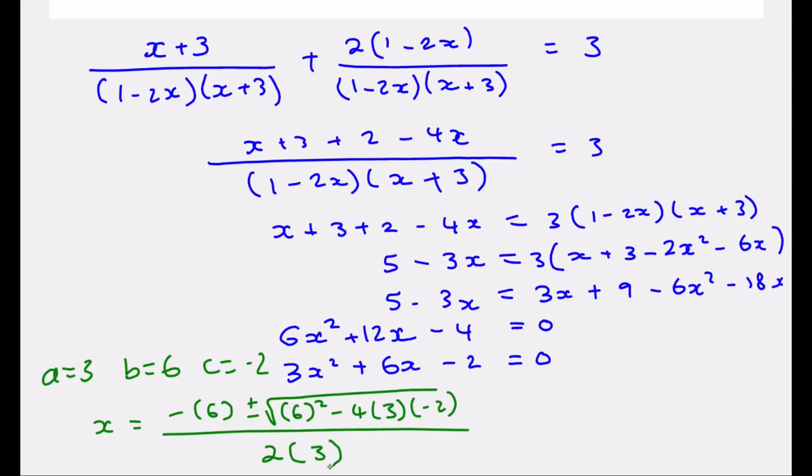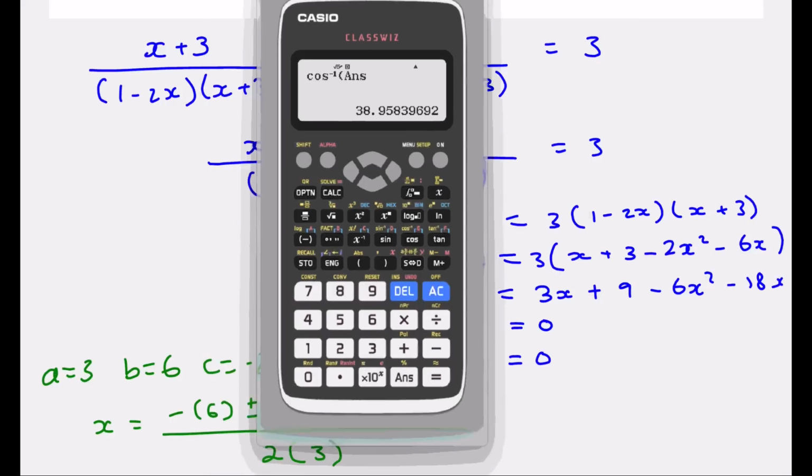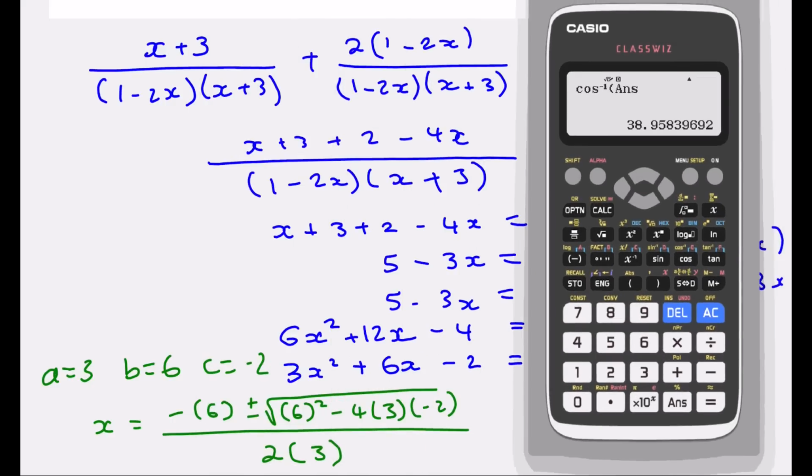So we're going to type it into the calculator. And we have to get two answers, one with the plus and one with the minus. So it's negative 6 plus or minus, so I'll do plus first, the square root of 6 squared minus 4ac all over 2a.